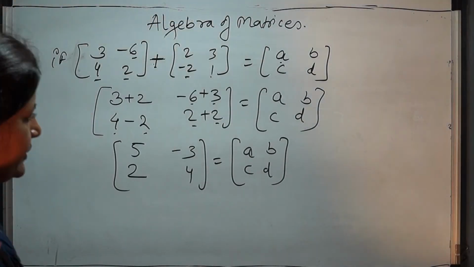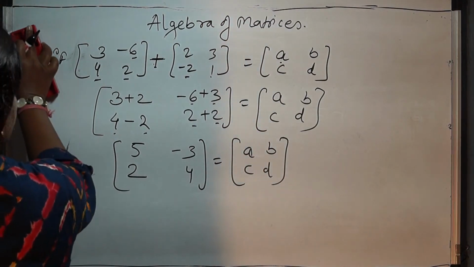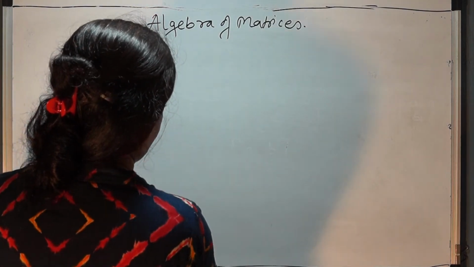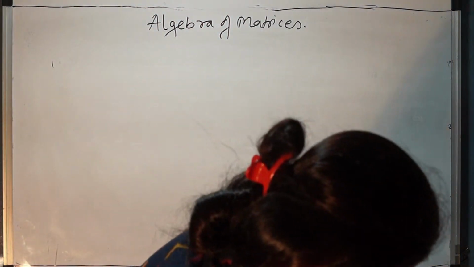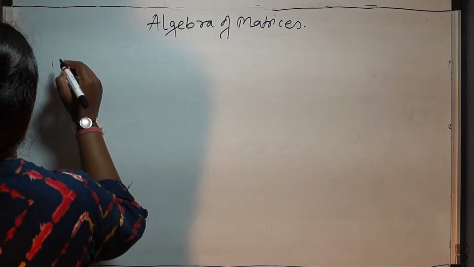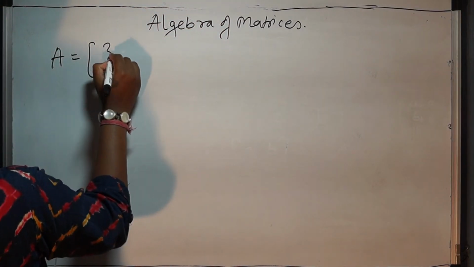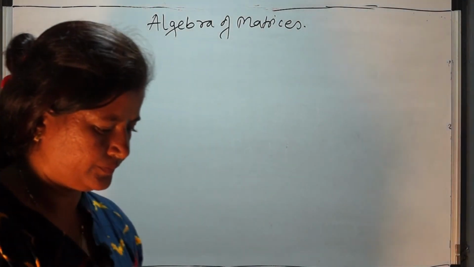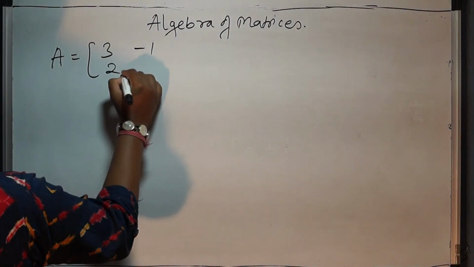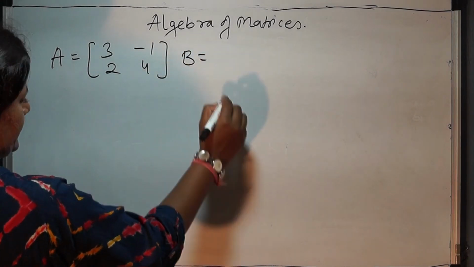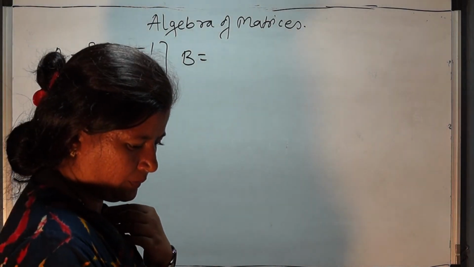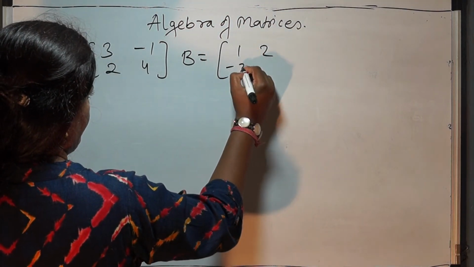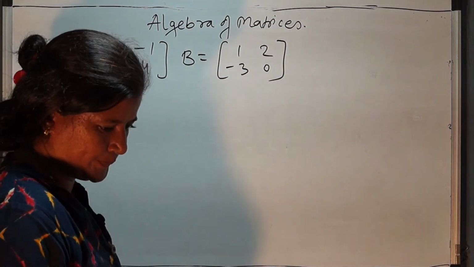One more example we'll take. If A is equal to 3, minus 1, 2, 4, B is equal to 1, 2, minus 3, 0.